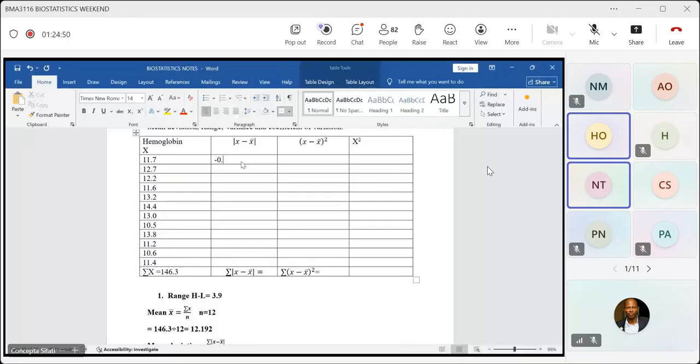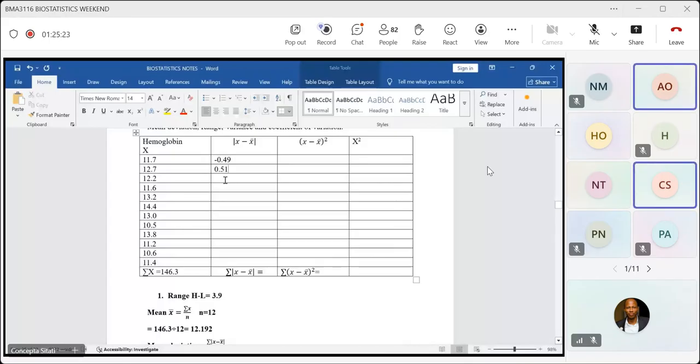I was going to tell you to round up to 2, but now you've already worked it out. So this is negative 0.49. The next one, Nyongeza: 0.51.